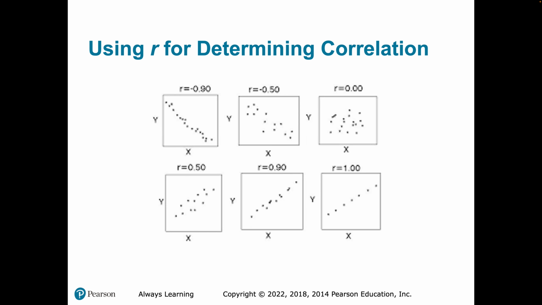All right, a little bit more. Notice the upper left. You can't really tell because the typeset's pretty bad, but this would be negative 0.9. Why? Well, it's decreasing. This would be negative 0.5. Why? It's negative because it's decreasing, and there's more spread around that line that we can visualize than there is here.